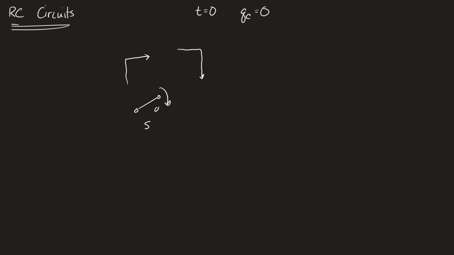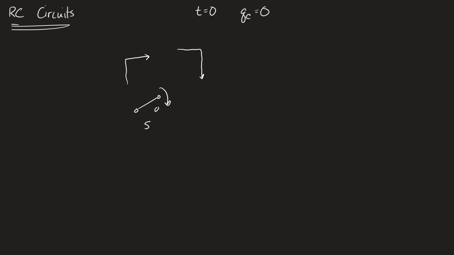Which means when I first close the switch, there's likely to be a current detected at the resistor, because charges have to be pulled through the circuit to charge the capacitor. There will not be a current across the capacitor. The capacitor will never pass current until such a time as the capacitor fails. At that point, it's no longer a capacitor, it's just a wire. But as long as it's a capacitor, it never passes current. But the rest of the circuit acts as though there's a current in the circuit.